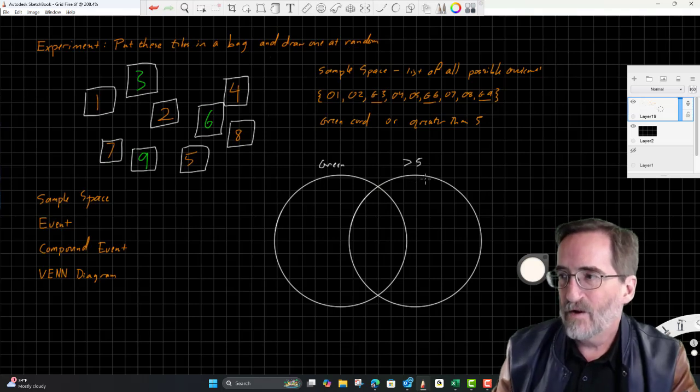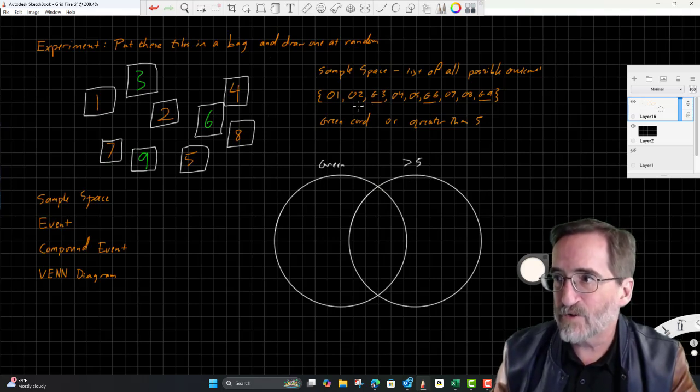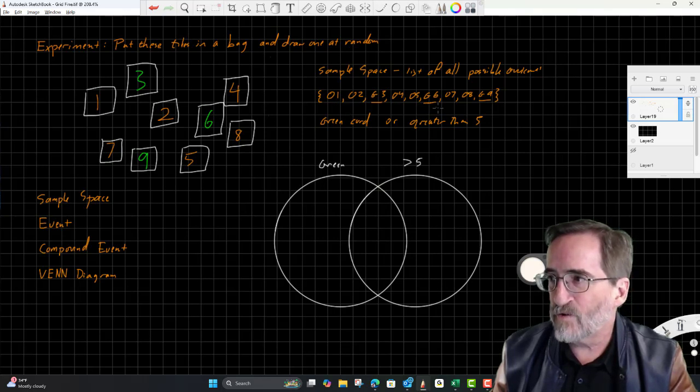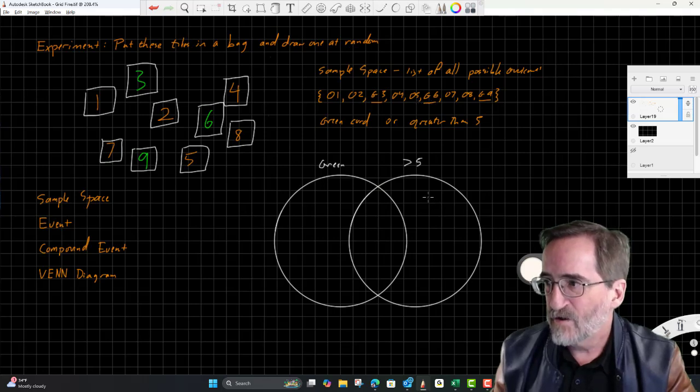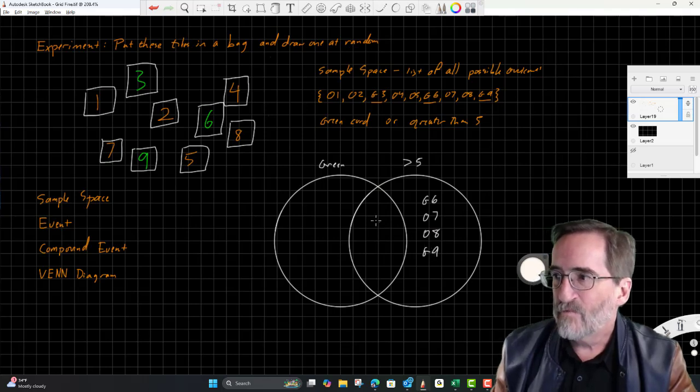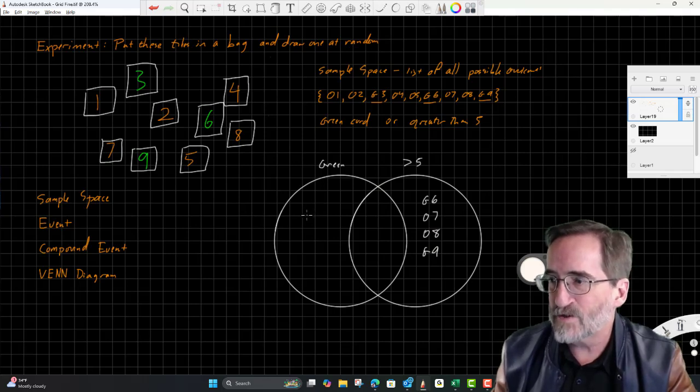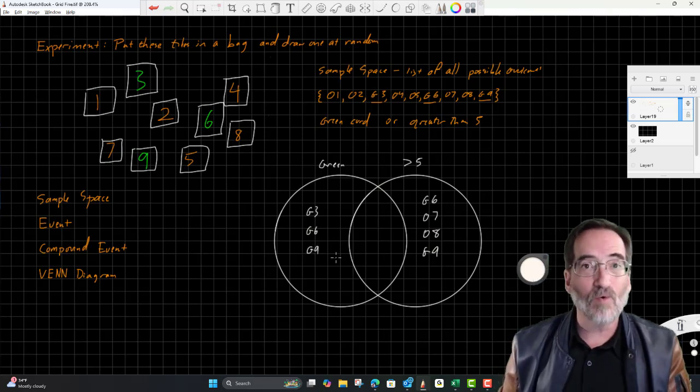First I'm going to take a look at my sample space and see which ones are greater than 5: green 6, orange 7, orange 8, green 9. Then I'm going to list all the green ones: a green 3, a green 6, and a green 9. But you'll notice some of these are listed twice.